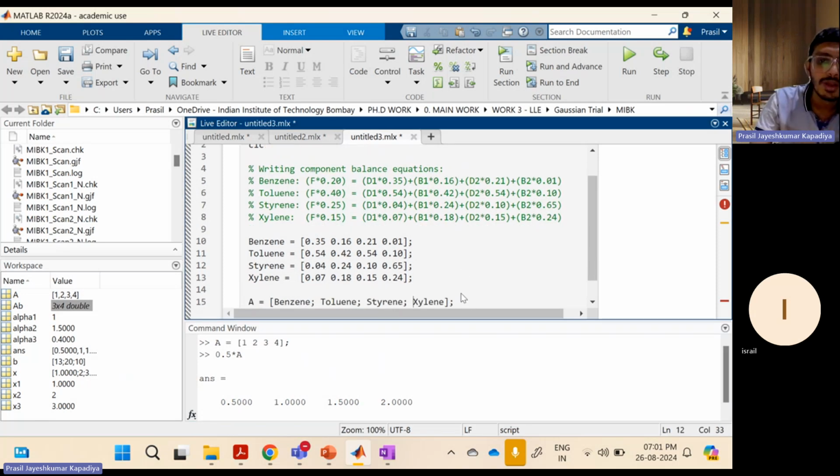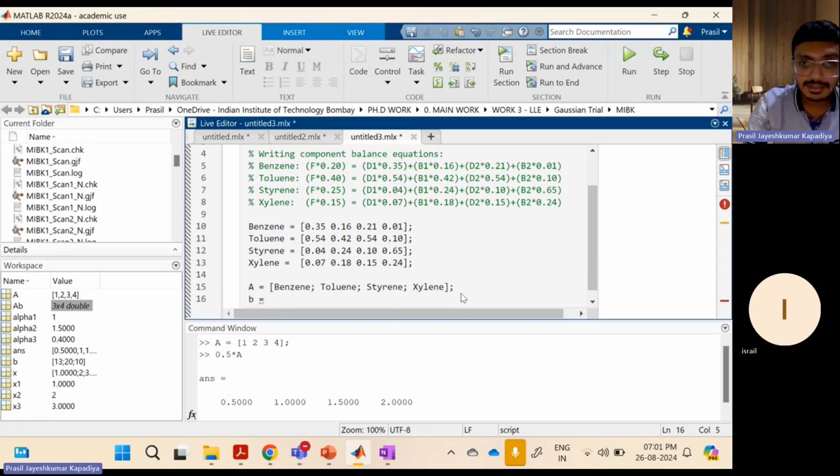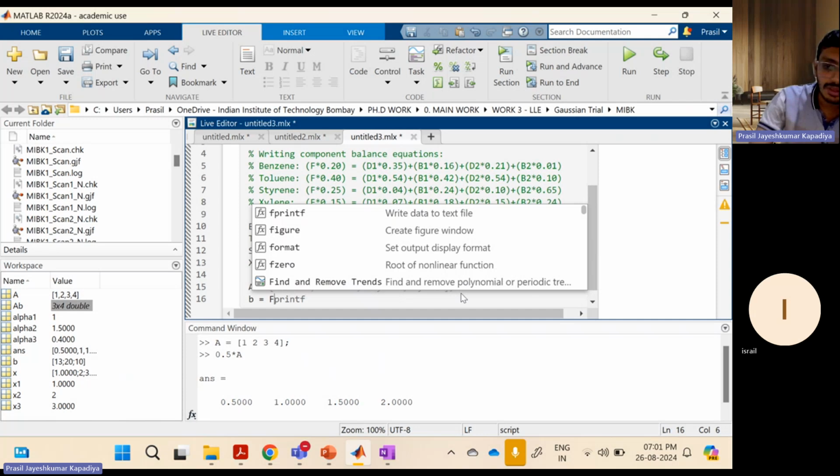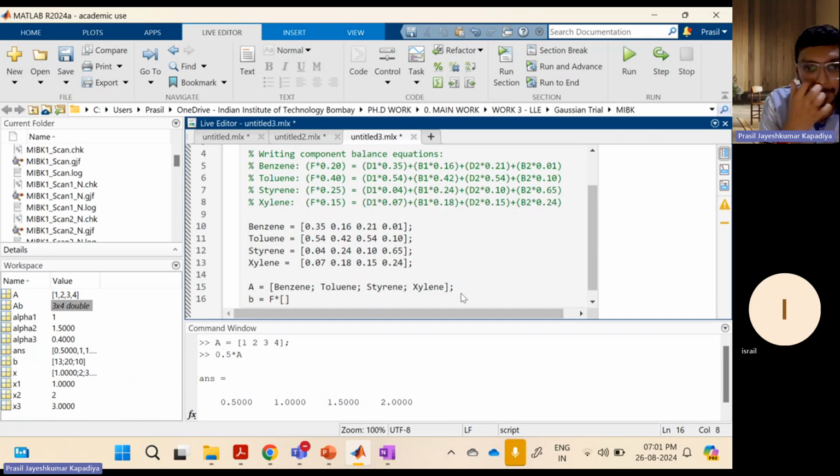Here also I can define my B matrix as F multiplied with a column of 0.20, 0.40, 0.25, 0.15.